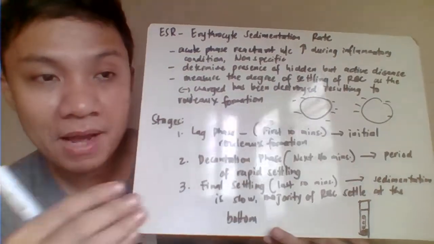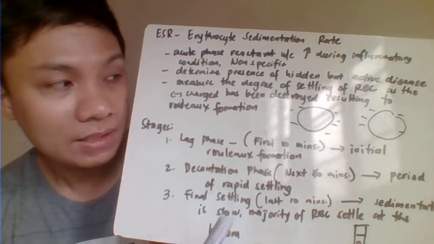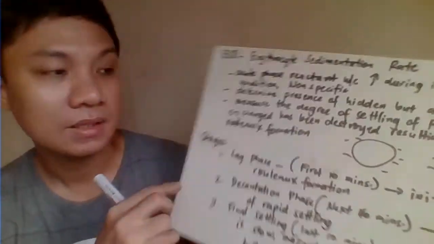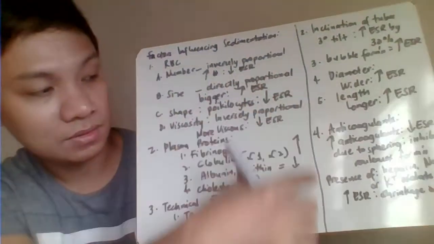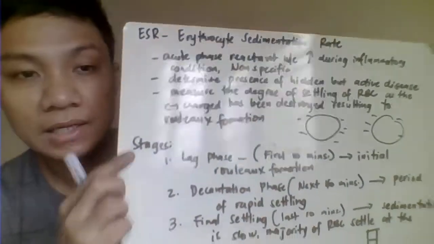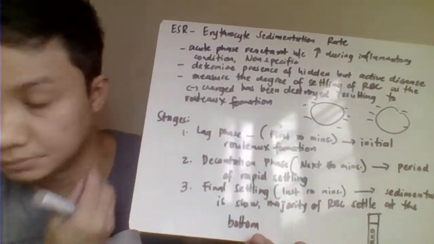So hindi sila mag-stick to one another. But if you destroy the negative charge because of different factors, which I will discuss later on, that would eventually result in the settling of your RBC.